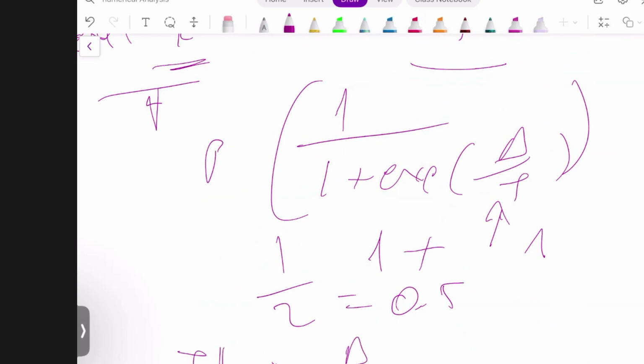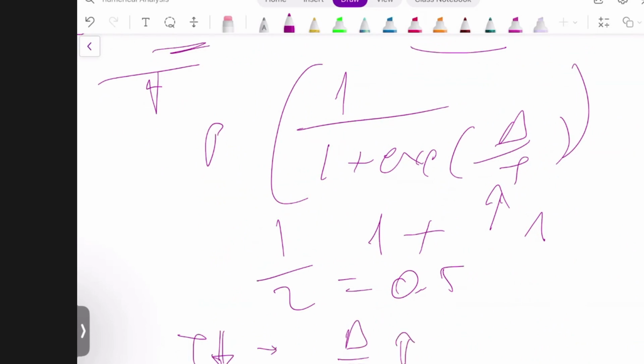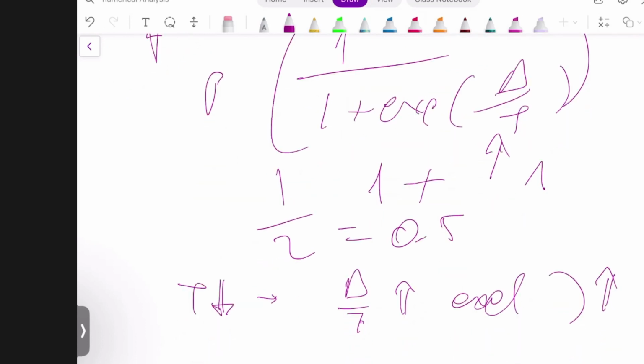Delta over T goes up. So the exponent of this thing goes up. So 1 over 1 plus exponent goes down. You got it? So this is how it works. So therefore the probability becomes lower to accept it.